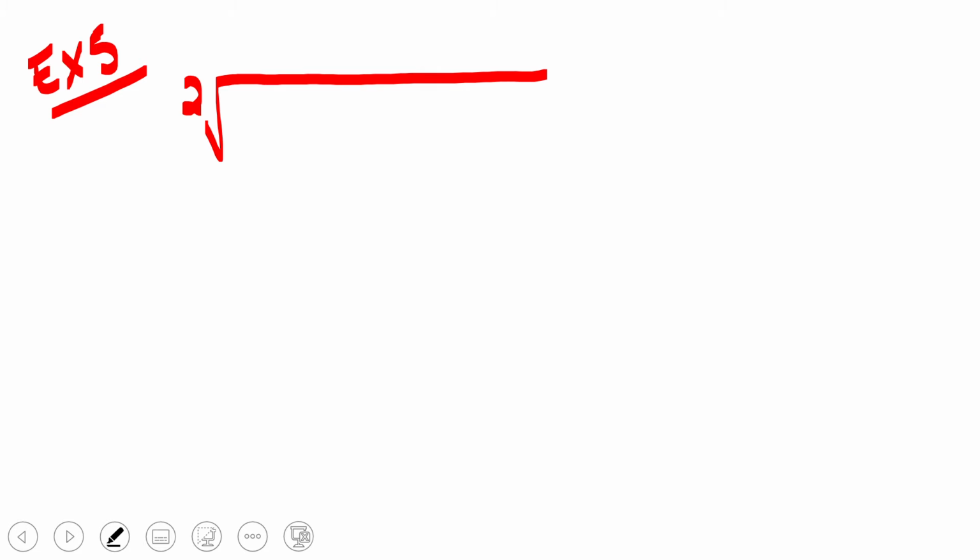In this example, it's actually example 5 in your pre-reading for 7.1. We're taking the square root of 320 x squared y cubed c to the fourth. We have an even index, so 2. So we're going to think out some values that will come back to 320, and work that out in your margin.